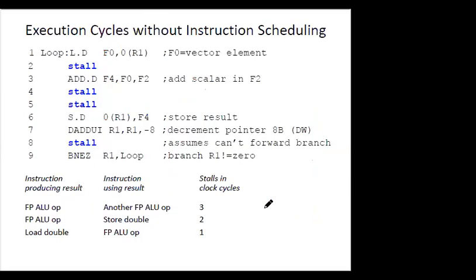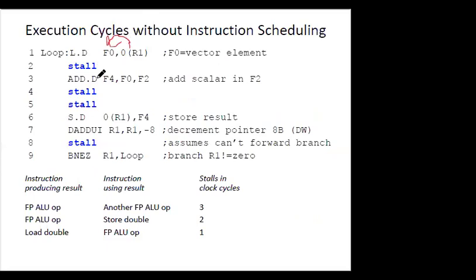Before applying instruction scheduling, we will see the execution cycles without instruction scheduling. So if I divide this program into certain cycles, in the first instruction we had the start of the loop, the load instruction. The load instruction says that we have to copy some data from this to some location.